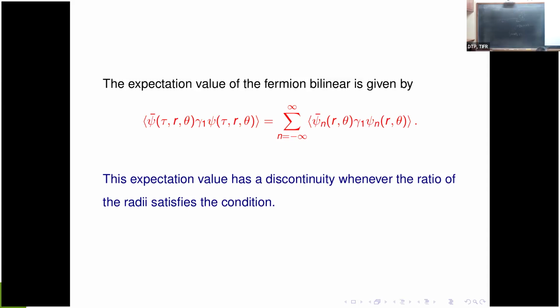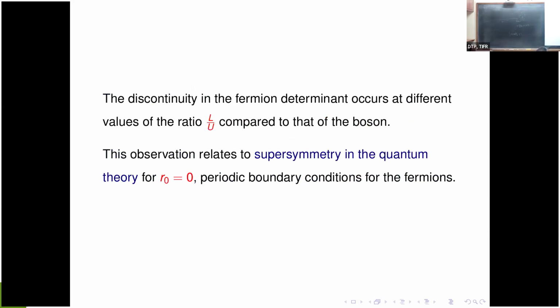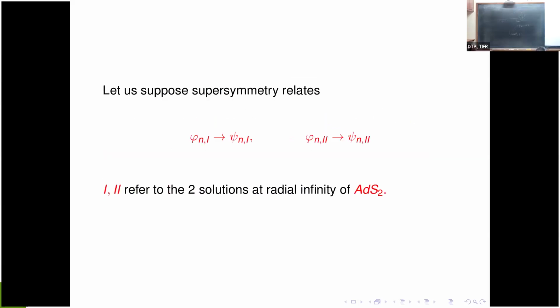And that is the reason that there will be some interval in which the boson has changed from normalizable to non-normalizable, and the fermion remains put. And supersymmetry relates the modes, and that's how I will indicate it a little bit carefully. So the discontinuity of the fermion determinant occurs at different values, and this observation relates to supersymmetry. In fact, we have done a detailed analysis.